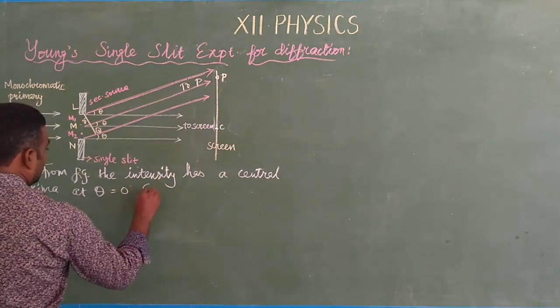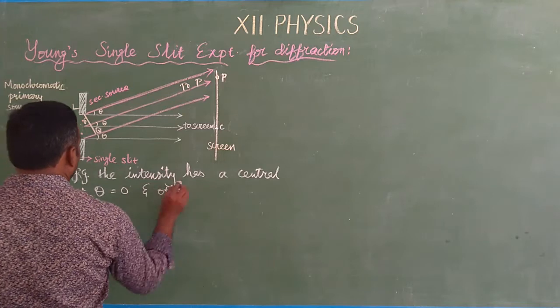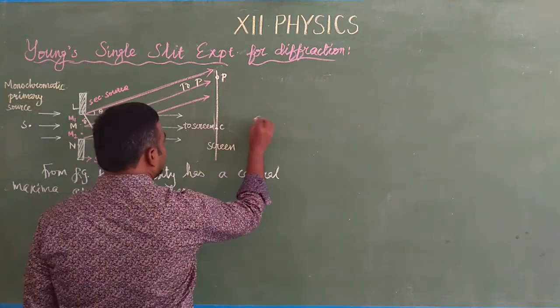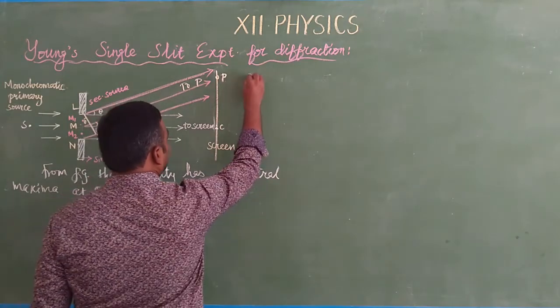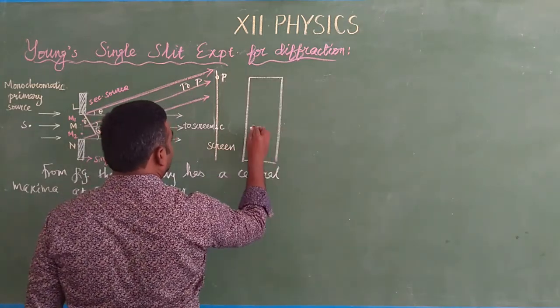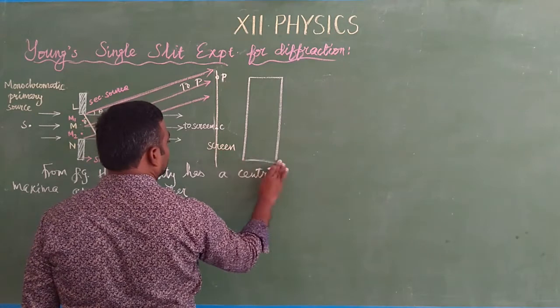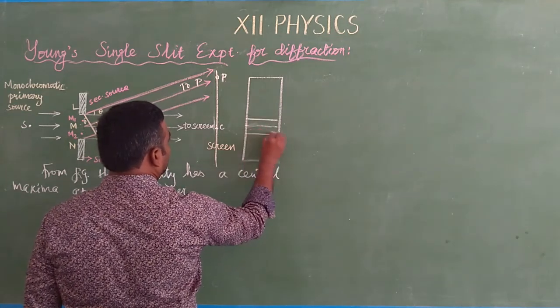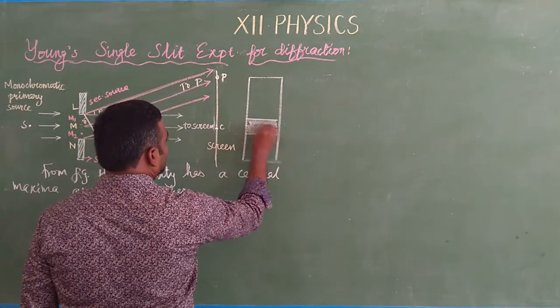And the other secondary maxima. At the center, let me show you the image of the screen. So this is maximum intensity.